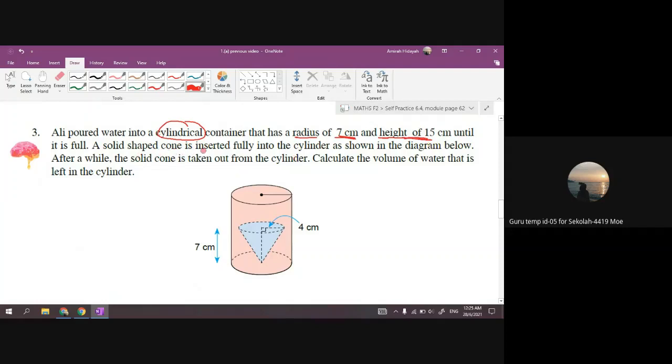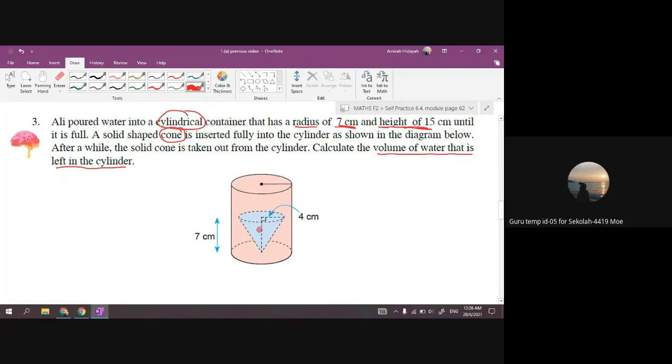A solid shaped cone is inserted fully into the cylinder as shown in the diagram below. After a while, the solid cone is taken out from the cylinder. Calculate the volume of water that is left in the cylinder. So we need to find the volume of water left after the cone is taken out.